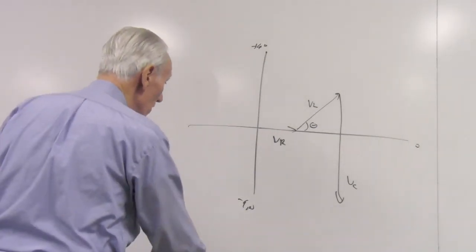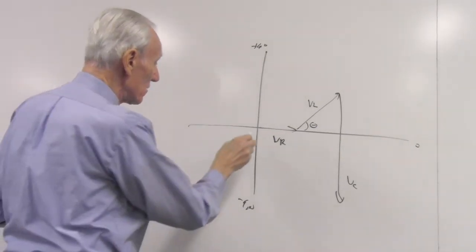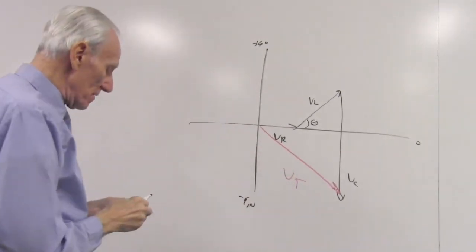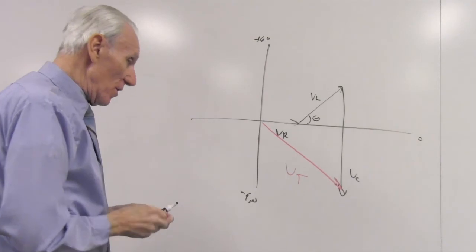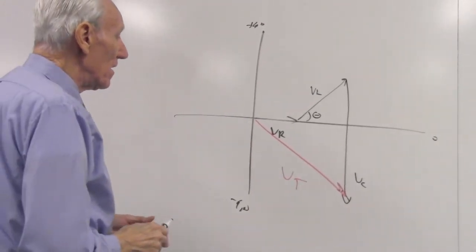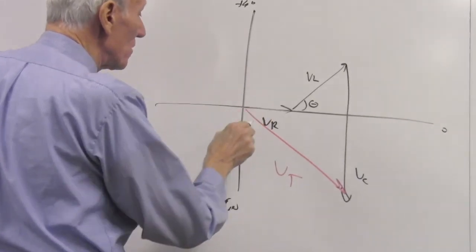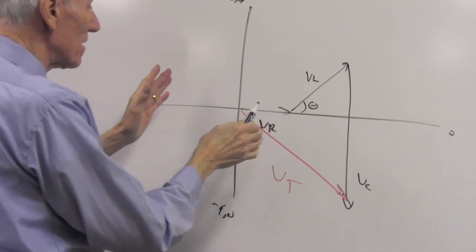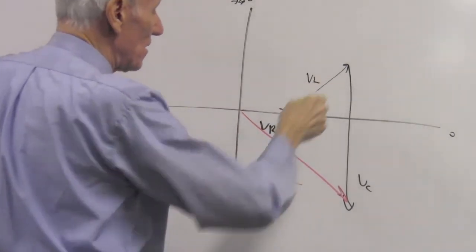And the total voltage across everything is going to be that value there. So if this all works theoretically and checks out in the lab, you're going to measure this voltage, plot it in a diagram like this at that angle, or at least sketch it in that angle.